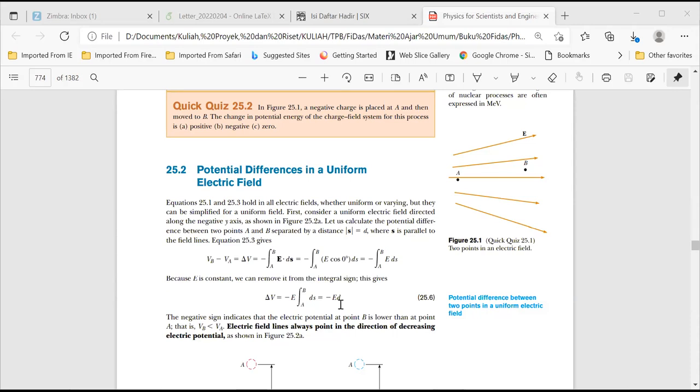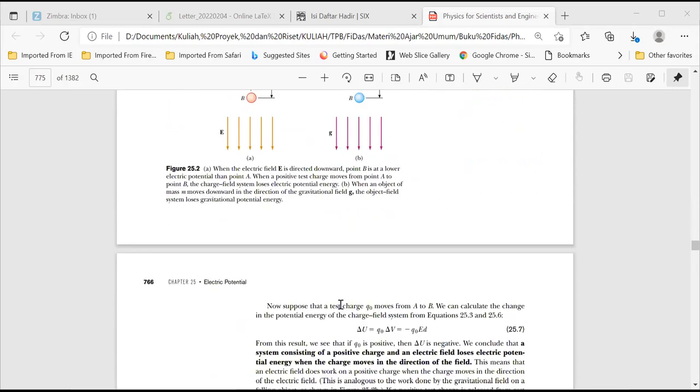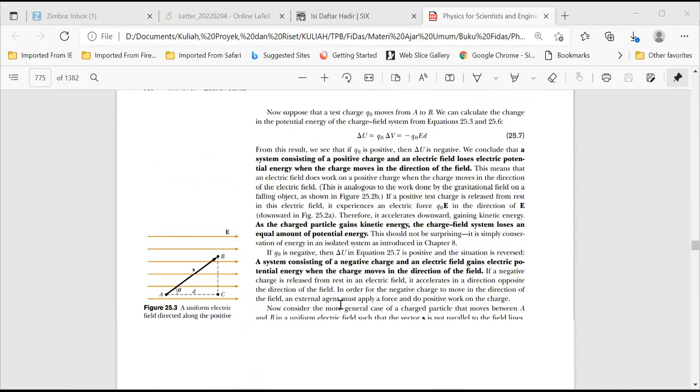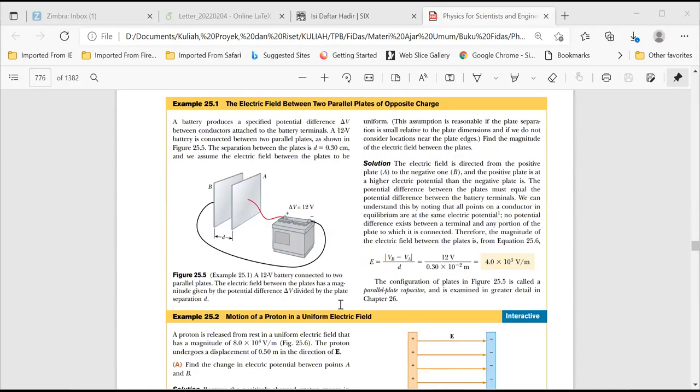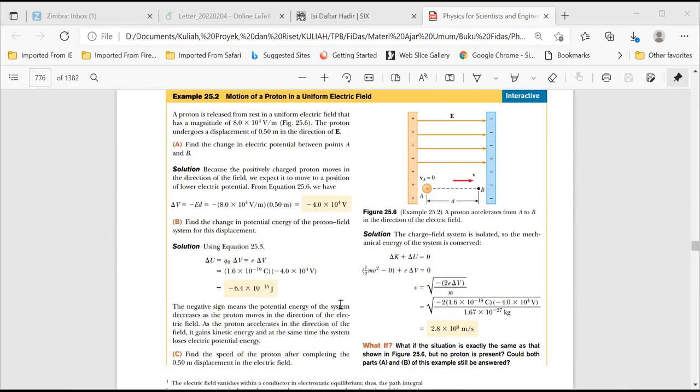But in our case, let us first discuss a proton moving in a uniform electric field.